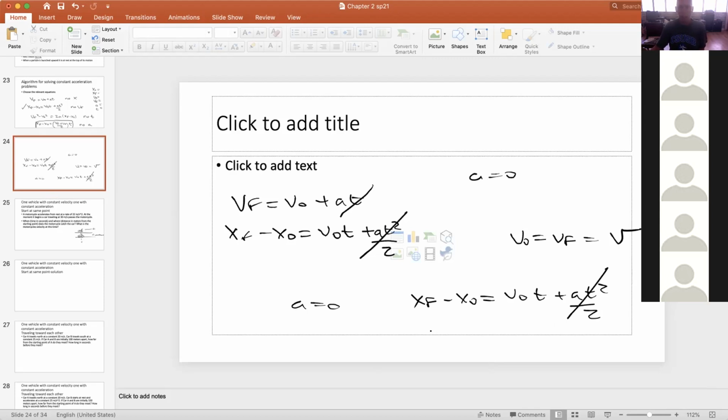Solving this for t, we divide through by v, and we get x final minus x initial is vt. But you already should know that v is x final minus x initial over t. When the acceleration is 0 and we have constant velocity, you can just find it by finding the change of position, which is also called displacement, divided by the time.